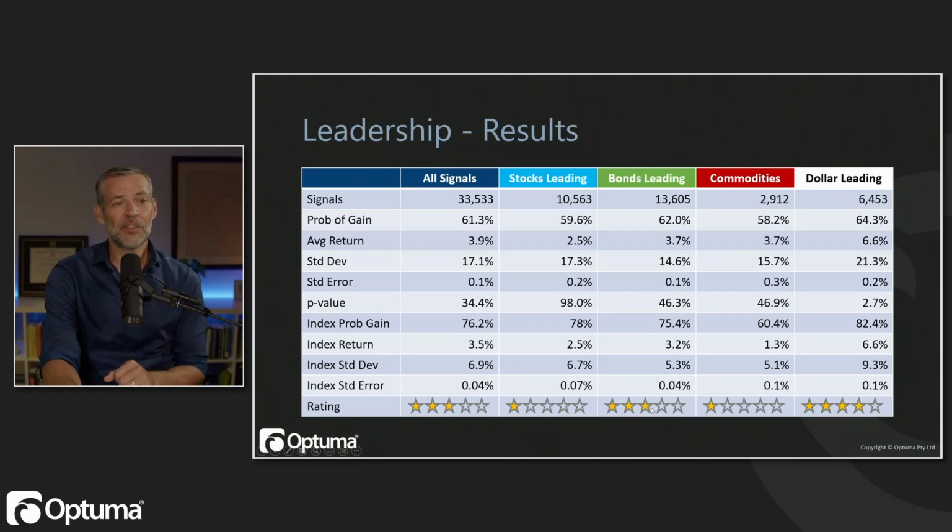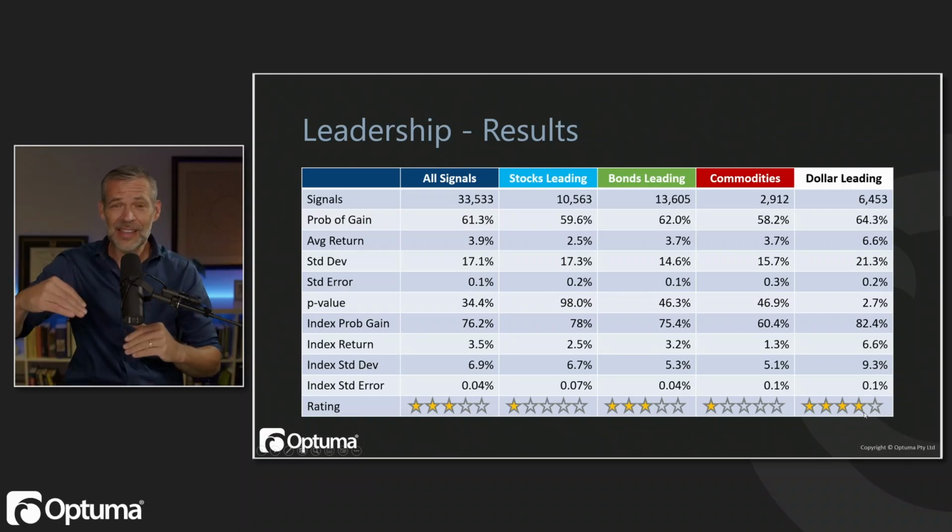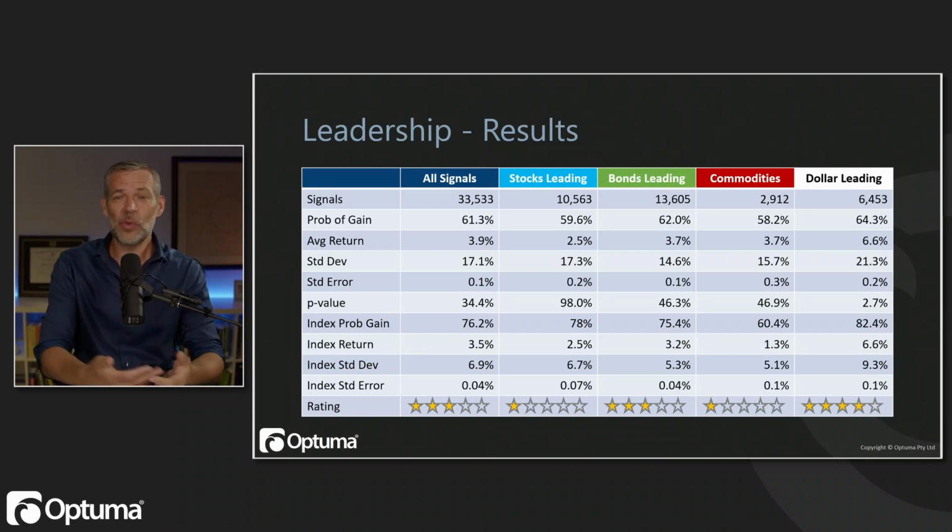Bonds leading, we get a 3-star. Commodities leading, 1 star again. And then when the dollar leads, we get a 4-star. Now, again, how can that happen? We've got the market tanking, dollars leading, yet we're getting 4-star.